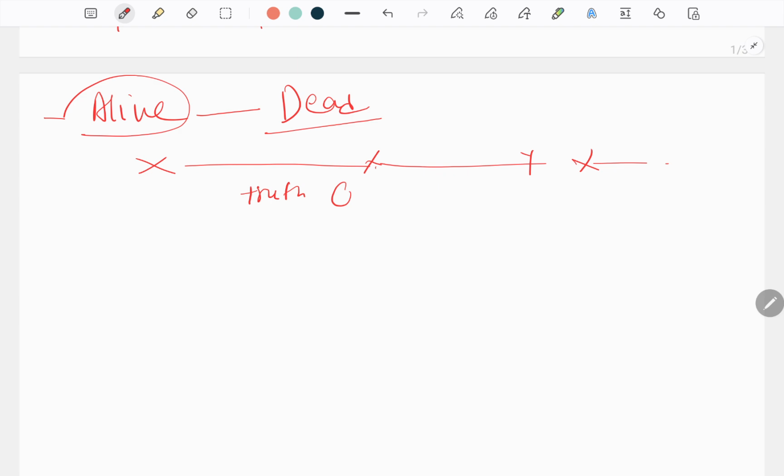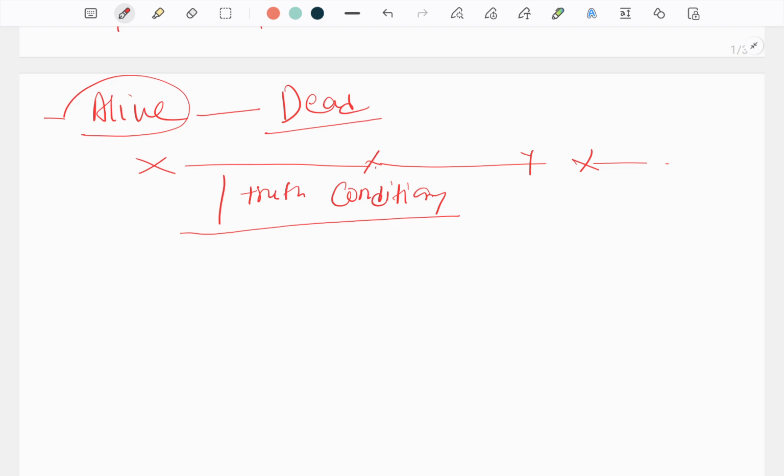Truth conditions mean that a sentence is true. Actually, some sentences follow the grammatical rules, but they are semantically in error. So what can be the truth condition and what is the false condition?